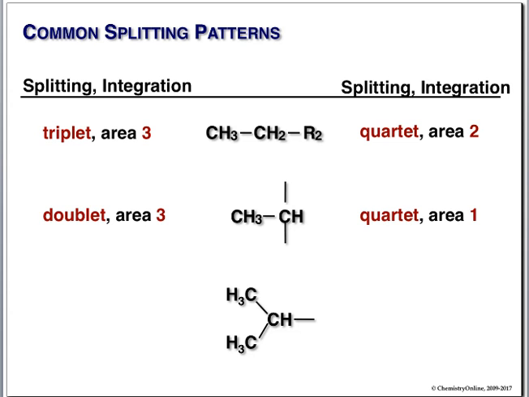This is going to be split into a doublet. One hydrogen, area 1, right? How many is it next to? Because these are identical, it's next to all 6, isn't it? So it's split into a septet.